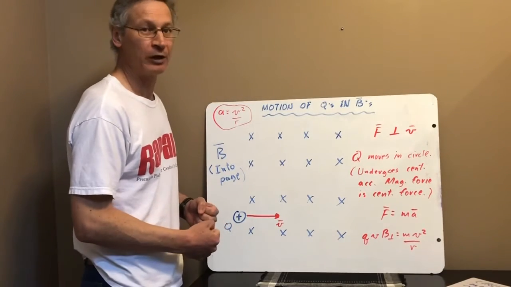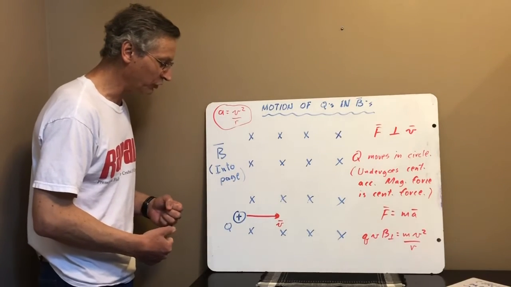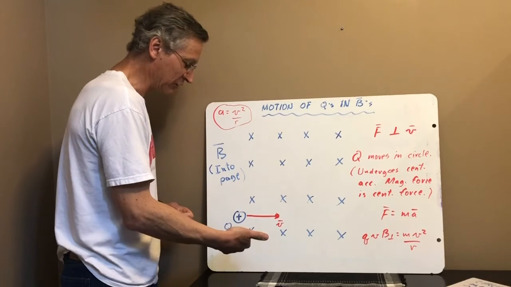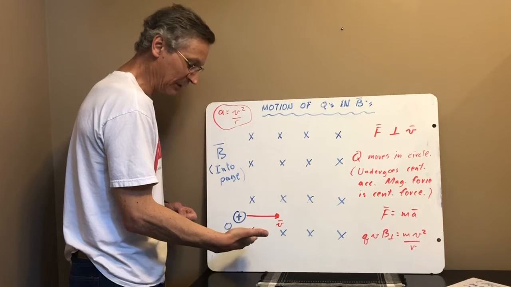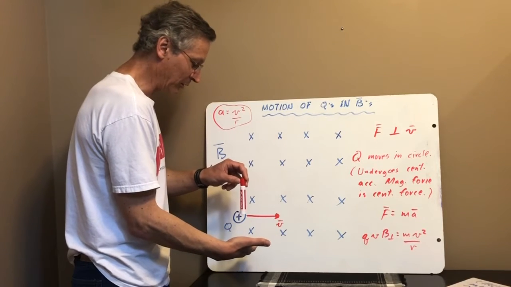Out comes the right-hand rule for the direction of a magnetic force. Thumb goes in the direction of the current, the way positive charge is moving. Fingers go in the direction of the magnetic field, into the page, and the force pokes perpendicularly out of the palm of your hand.